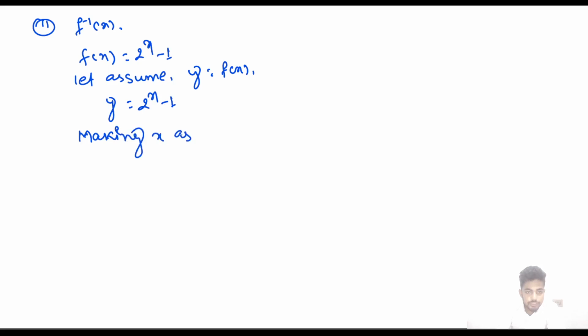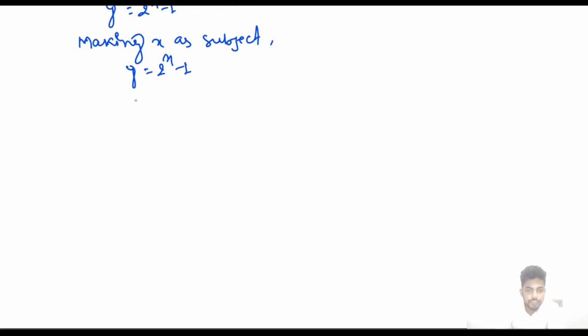So y is equal to 2^x minus 1. Then we shift the minus 1 to the left, and we get y plus 1 equal to 2^x on the right. So x is on the power.